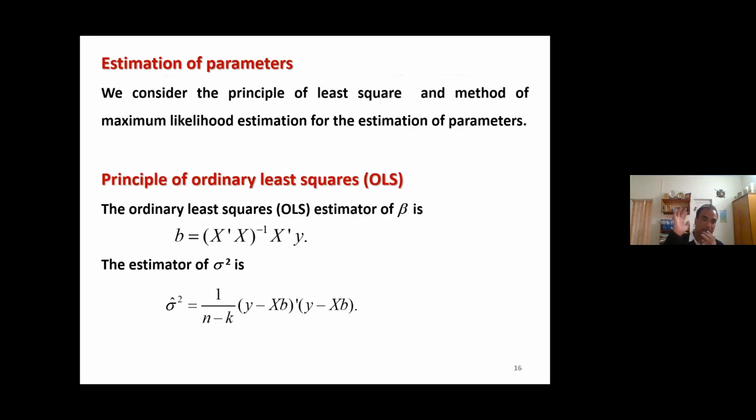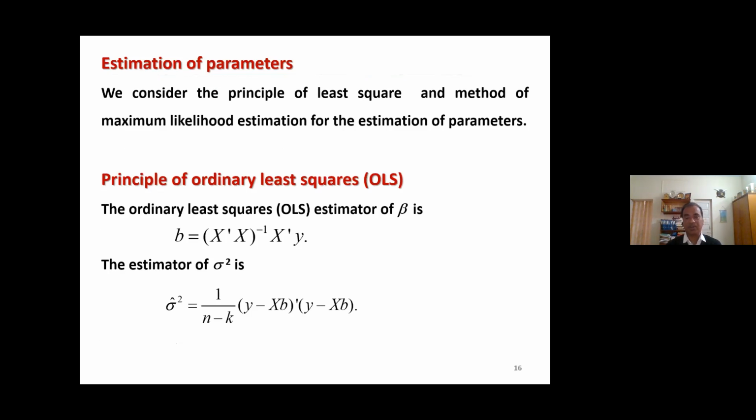Right. Now I come to the aspect of how we are going to estimate the regression parameter beta. Earlier we estimated beta 0 and beta 1, but now I am trying to estimate the entire vector beta. I use the same principle of least squares, or equivalently you can also use the method of maximum likelihood.